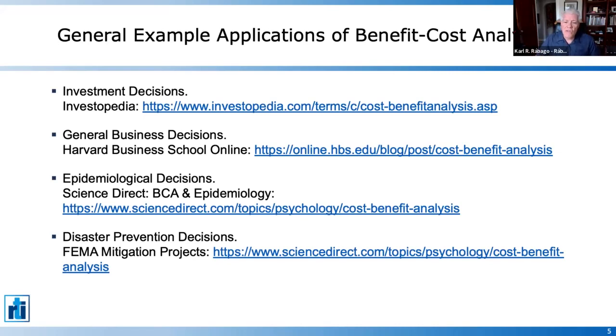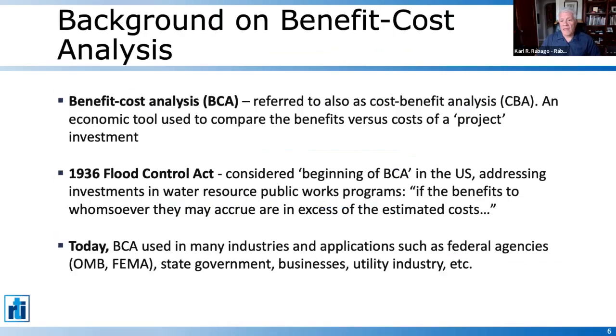Doctors and medical researchers use it for epidemiological decisions, and even FEMA uses it for disaster prevention decisions and how much to invest where in the face of what's a growing business in natural disasters these days. So there are a lot of places where we want to know if the benefits of something outweigh the costs and whether or not we should go ahead with that idea, modify that idea, or reject that idea.